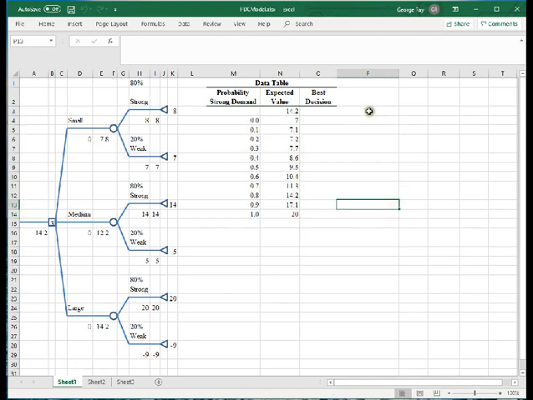And we can see that it then gives us for each probability the best decision. So 7 is going to be our small. At a 0% probability for strong demand, it's going to be small.